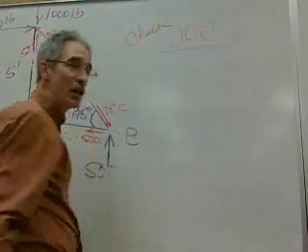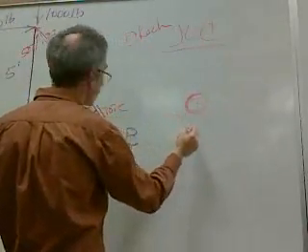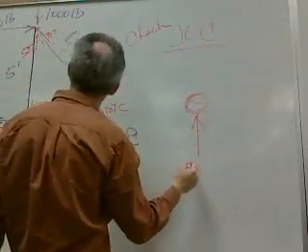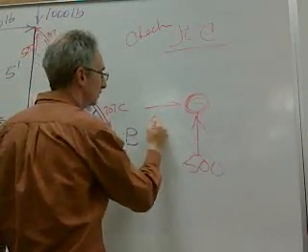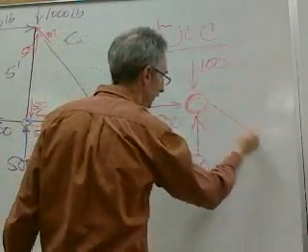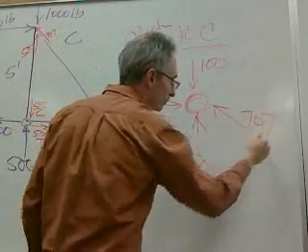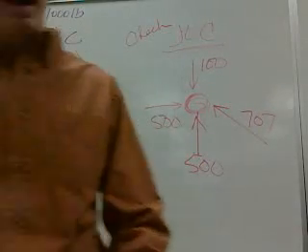There's nothing unknown at joint C, but you can put all the forces on it because they should add up to be what? They should add up to be 0. So you can take a moment and check it and see if it does add up to be 0.